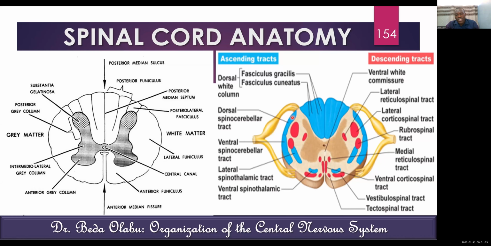In the lateral white matter, we have these tracts in the periphery there. We call them the spinocerebellar tracts. But deep to that, we have some descending tracts, in particular the one that comes from the cerebral cortex to the spinal cord, the corticospinal tract, which is a descending tract. Then coming down, you can see many other tracts there. So there'll be another lecture that focuses on tractology.